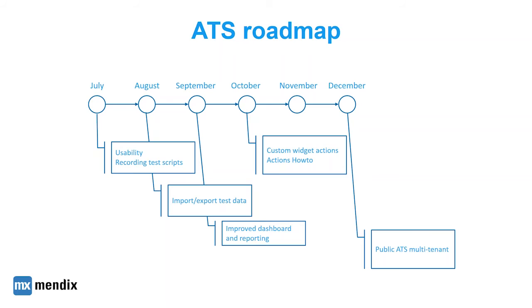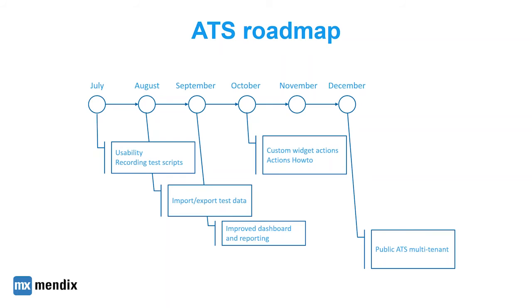Then what we will be focusing on in September is having ATS become a fully public multi-tenant application. That means ATS will be provided to you directly, if you have access to it, from the context of the Mendix portal.